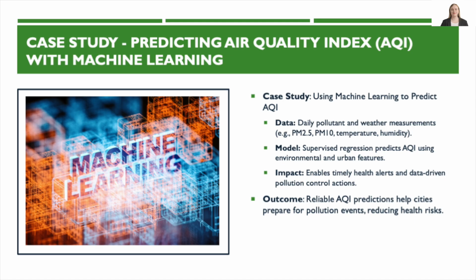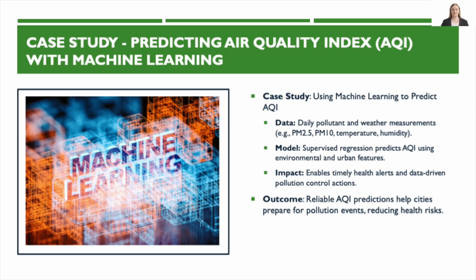Case study: Predicting Air Quality Index, AQI, with machine learning. To see how supervised learning can be applied, let's examine a case study on predicting the Air Quality Index, AQI. Data source. We use daily measurements of air pollutants like PM2.5, PM10, and various gases. Modeling approach.